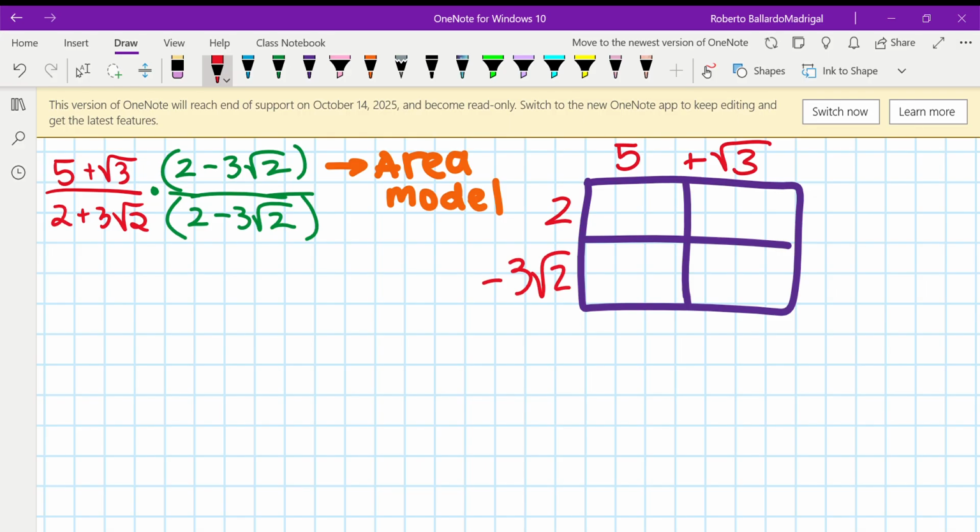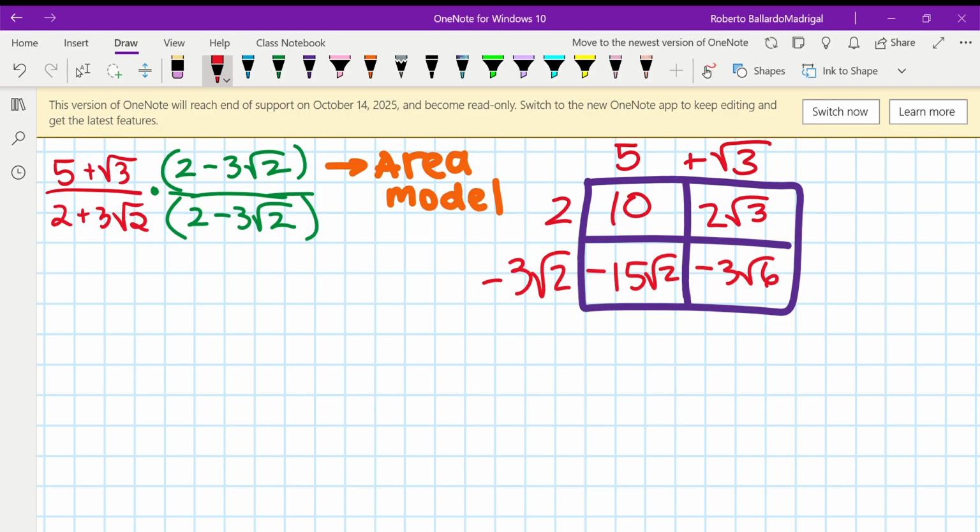So we do 5 and 2 first. 5 times 2 is 10. 2 times radical 3 is 2 radical 3. 5 times negative 3 radical 2 is negative 15 radical 2. And finally, negative 3 radical 2 and radical 3 makes negative 3 radical 6. So when it comes to multiplying, it's like you're multiplying like terms. Whole numbers multiplied with whole numbers, radicals multiplied with radicals. Okay.